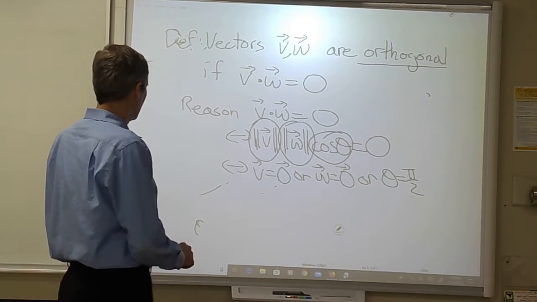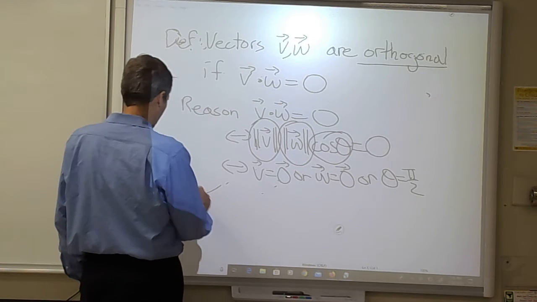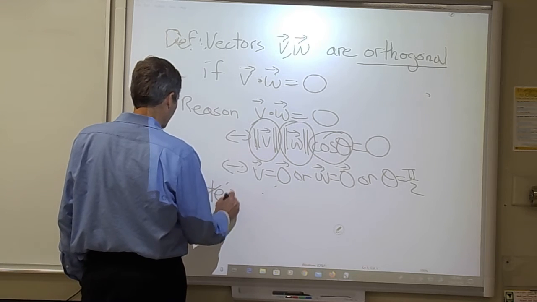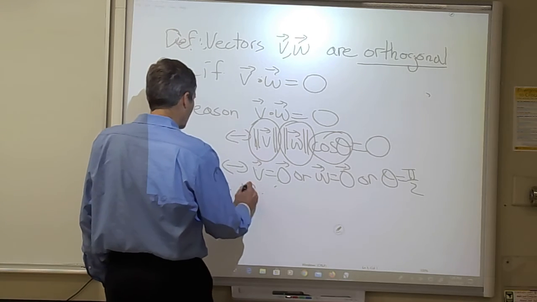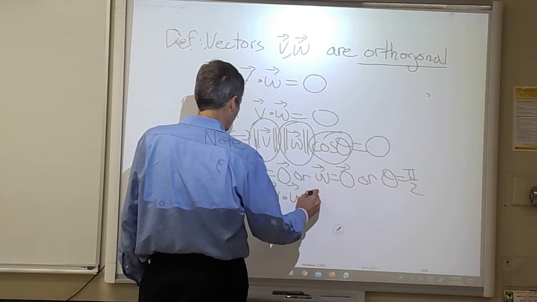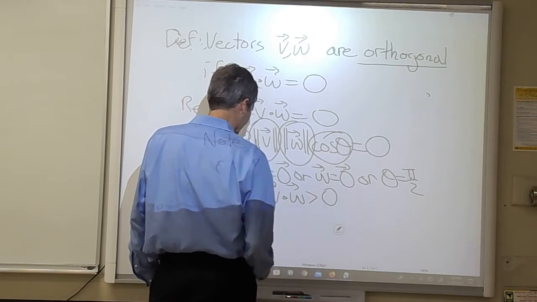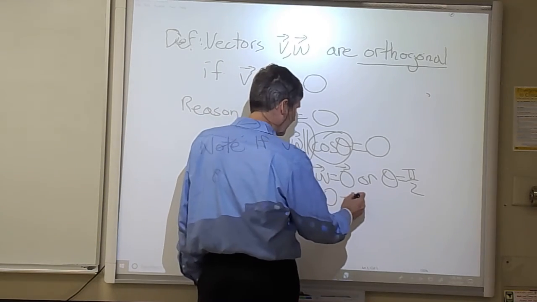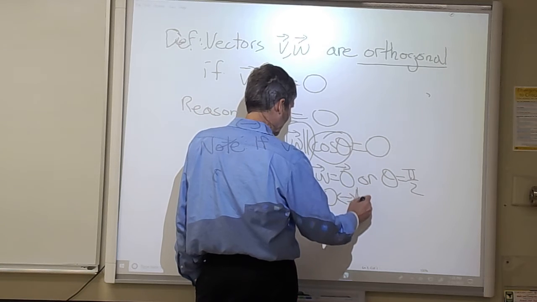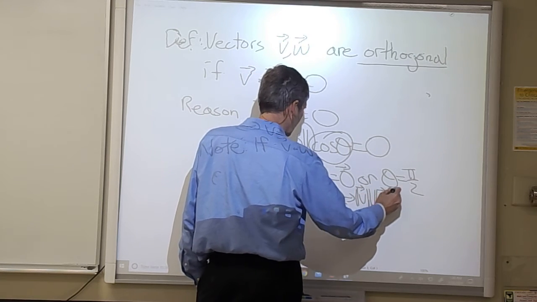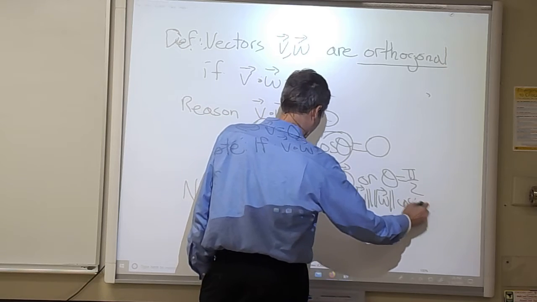Now you can say something additional too. This is kind of a nice thing. A dot product's so easy to compute. What if I get a dot product that's positive? Suppose V dot W is positive. What does that tell me? That tells me that the length of V, length of W, cosine of the angle between them is positive.